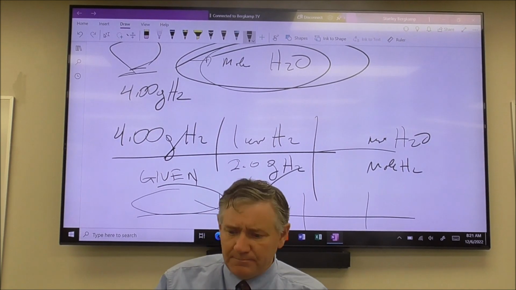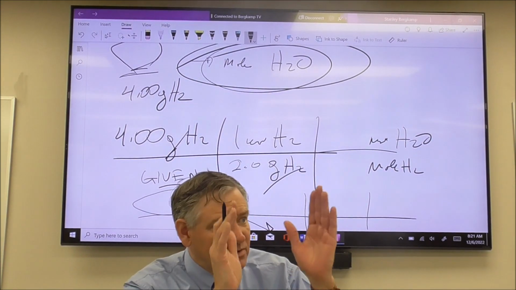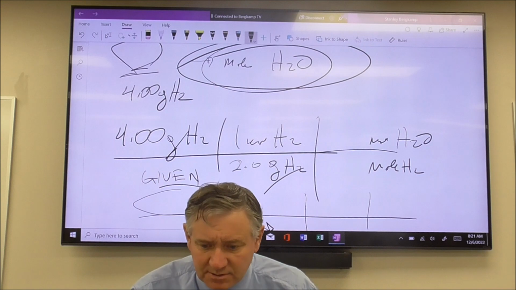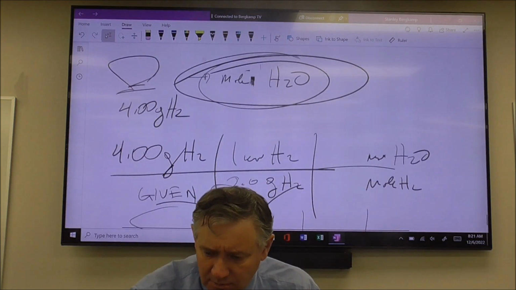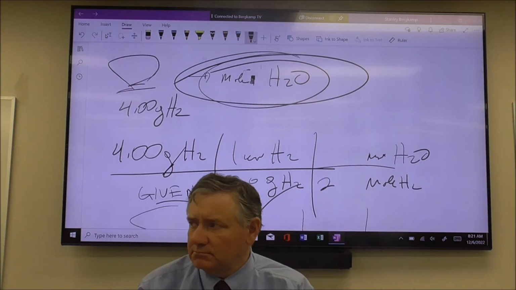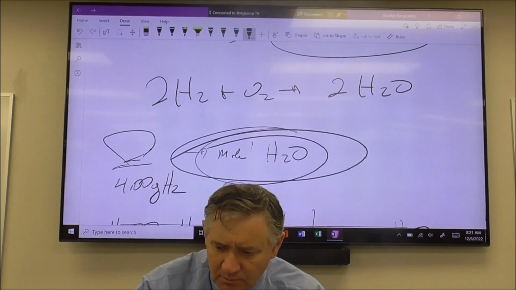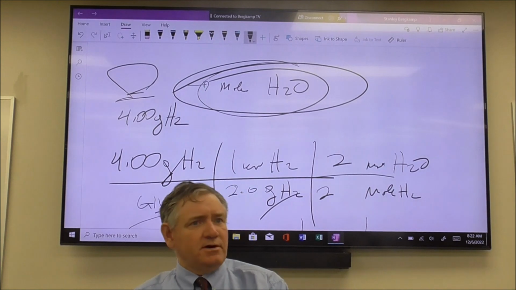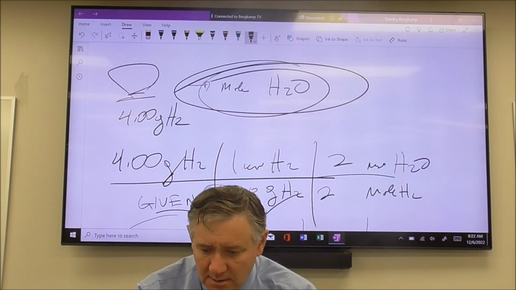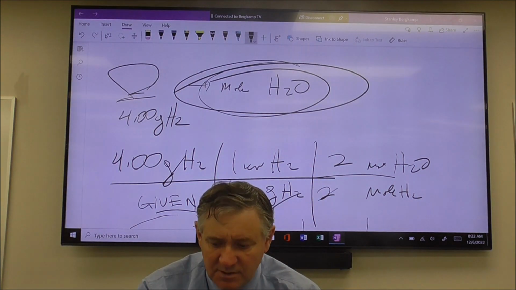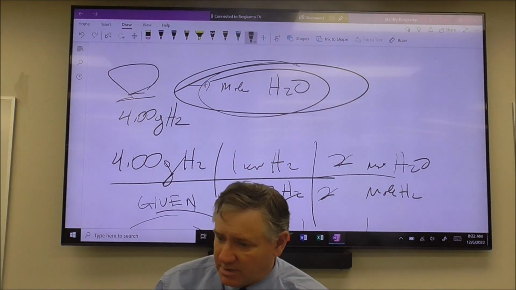That's cool, right? So now I'm going to look at my balanced chemical equation. Oh, in front of the hydrogen, there's a 2. I'm going to put a 2 there. Okay. Then I'm going to look at the water. Oh, there's a 2 up there. That's cool. So at this point, the 2's cancel out because that's basically a 1-to-1 ratio.